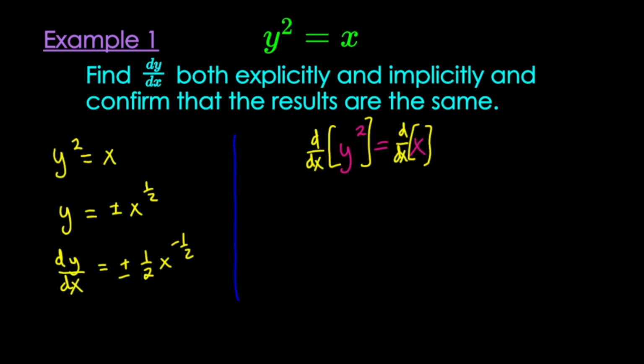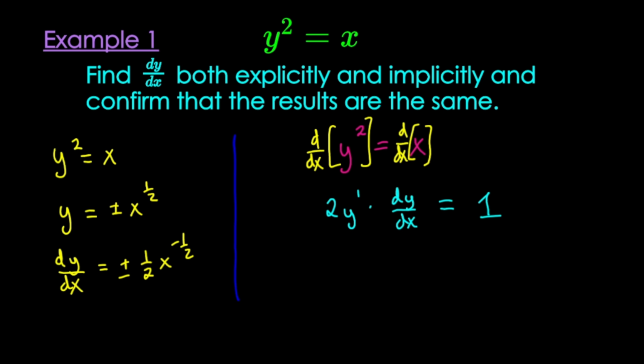So the derivative of y squared with respect to x is 2y to the first times the derivative of y, because of the chain rule. So the derivative of y with respect to x is dy/dx. And on the right side, we take the derivative of x with respect to x, which is 1.